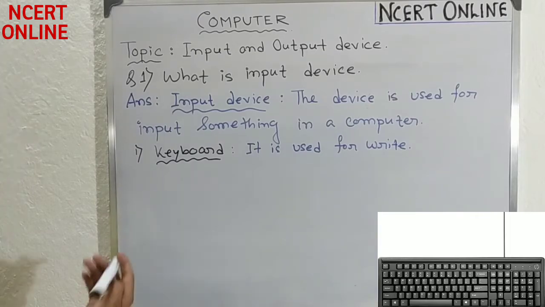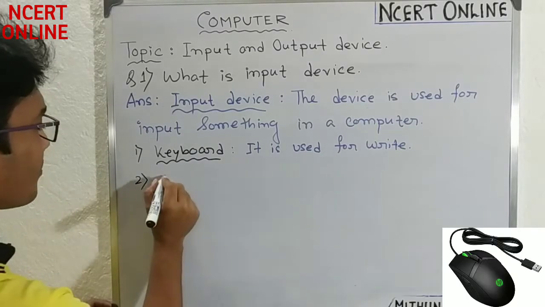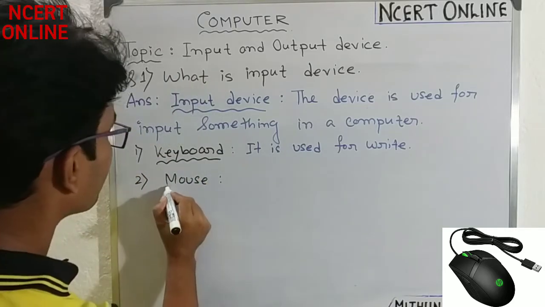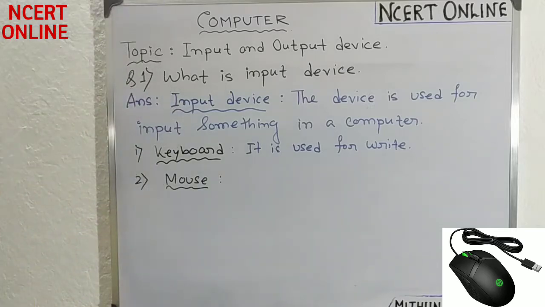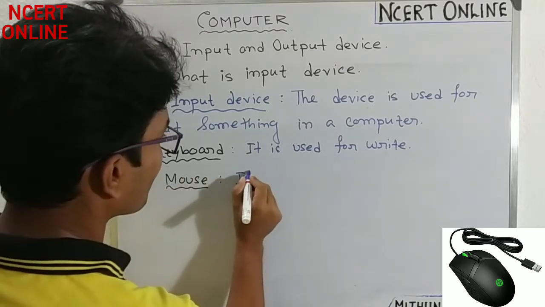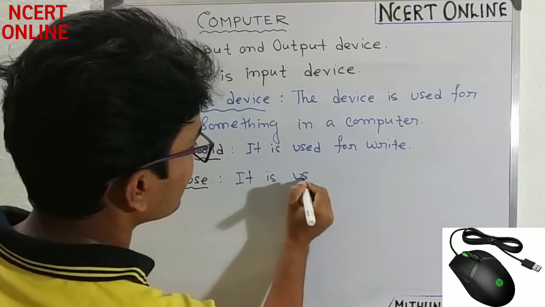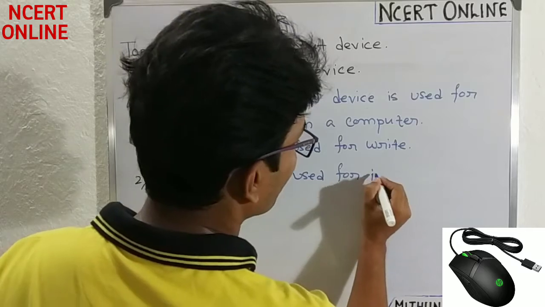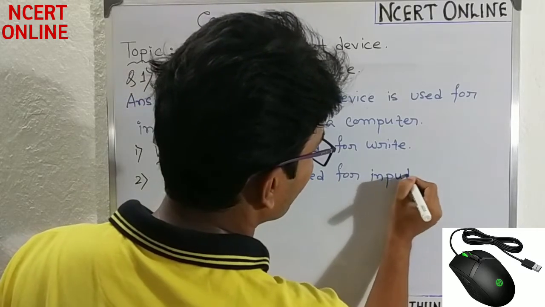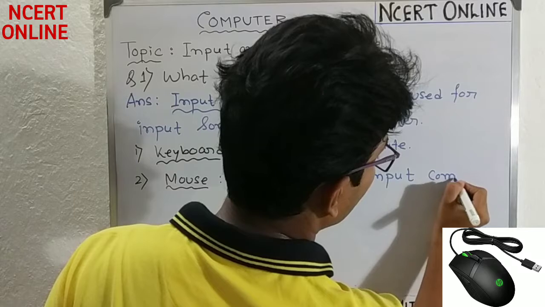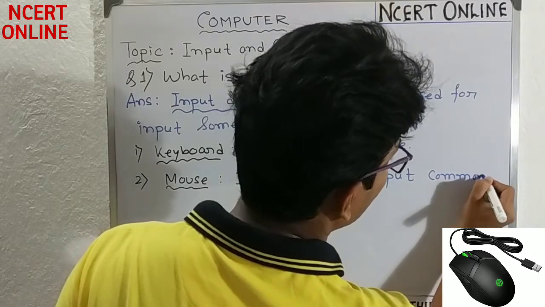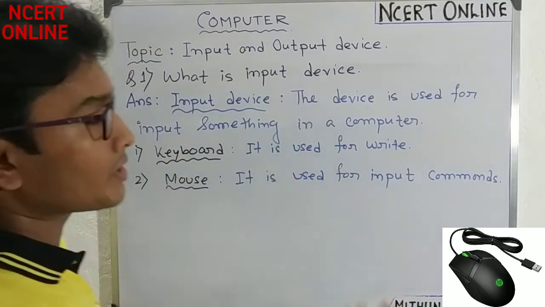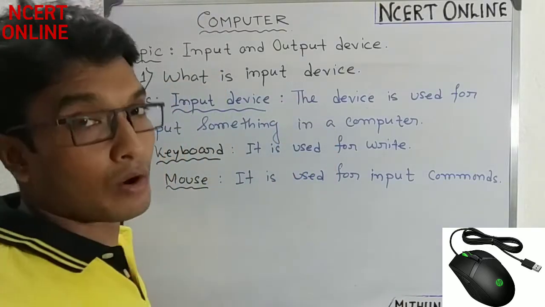Then number 2, mouse. It is used for input commands. Input commands means when you need to identify something, you need to use the mouse.